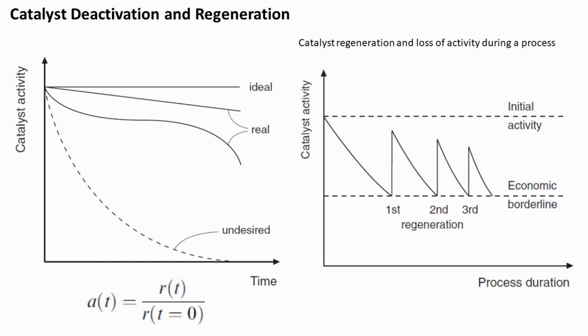However, process upsets or poorly designed hardware can bring about catastrophic failure. For example, in steam reforming of methane or naphtha, great care must be taken to avoid reactor operation at excessively high temperature or at a steam to carbon ratio below a critical value.